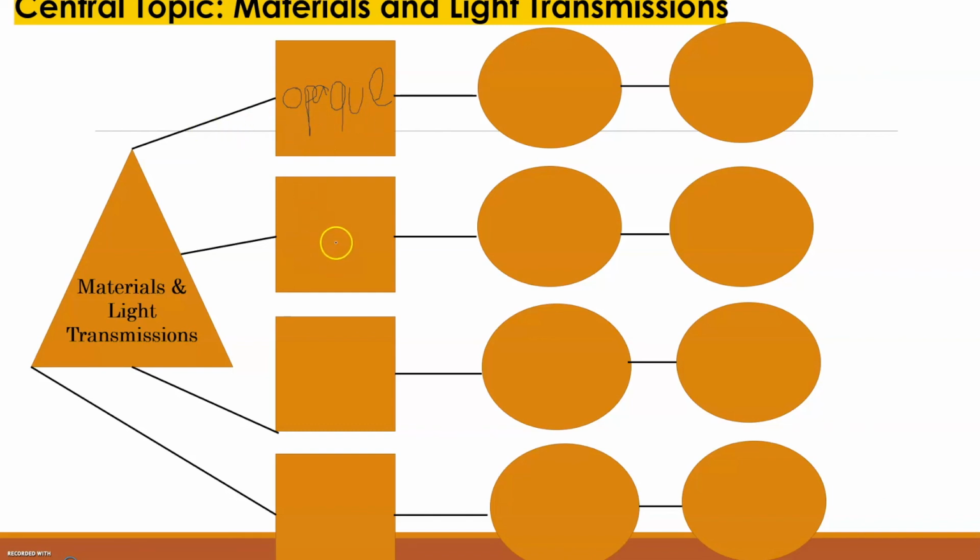Then we have transparent, translucent, and reflective. You can think of an example. You can draw a line to show connection, and you can write an example. What is an example of an opaque material? For example, basketball or soccer ball.